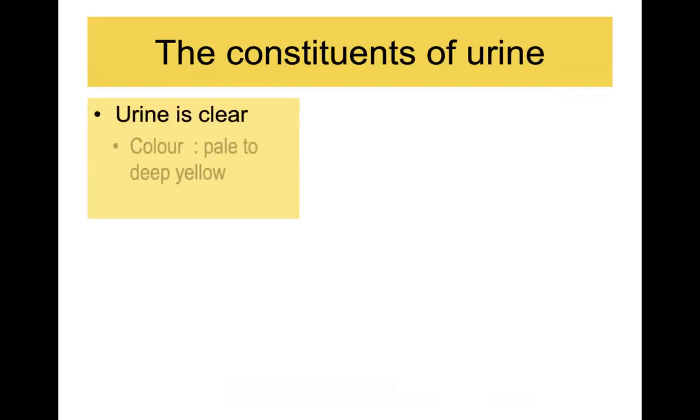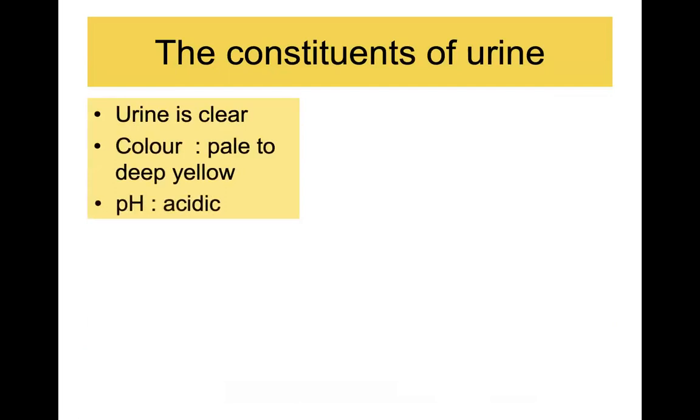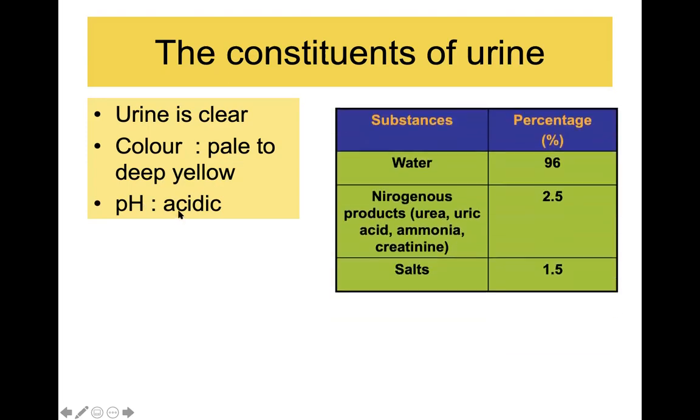So here, this is the general knowledge about urine. Basically, urine is clear, and the color is pale to deep yellow, and the pH is acidic. So you don't have to try yourself to put litmus paper or whatever. Right now it's proven that urine is acidic. And this is the component inside the urine.